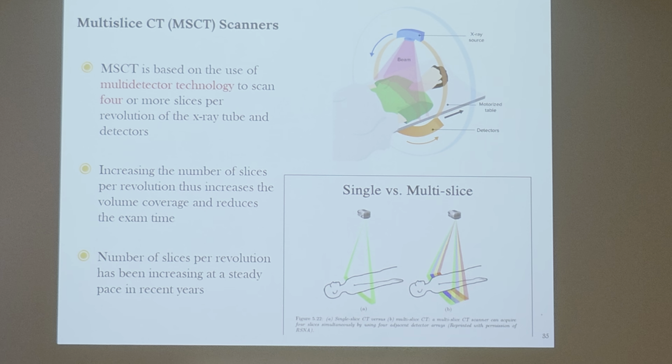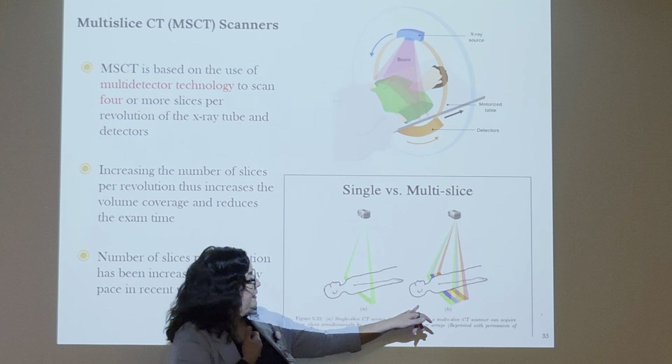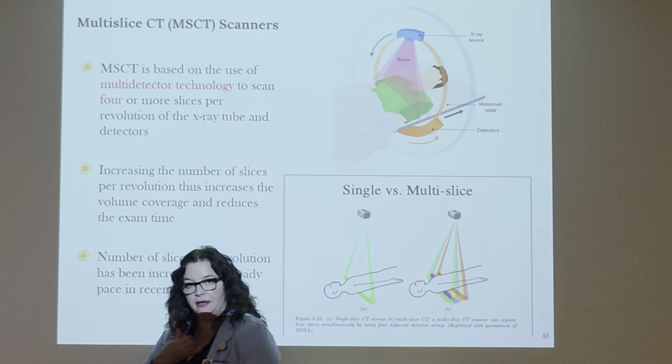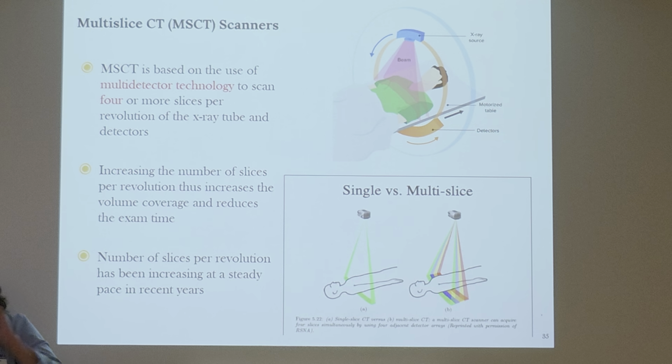I'll say that again. You go from one slice, one spin, to 1, 2, 3, 4 slices in one spin, because the detectors are stacked in a different way. Does that make sense? It's not just a necklace ring around, it is now a wider amount of coverage. Everyone see it?